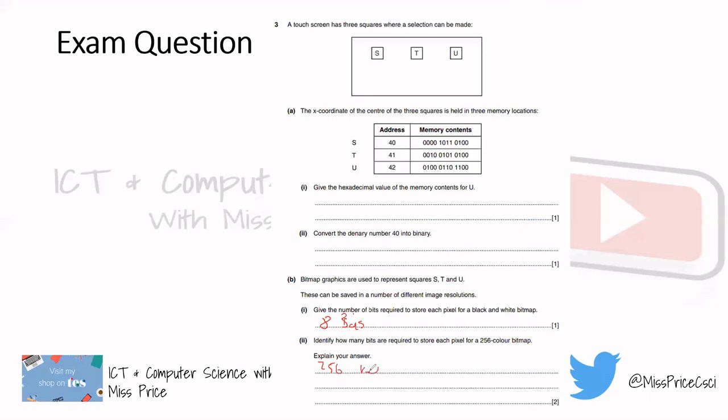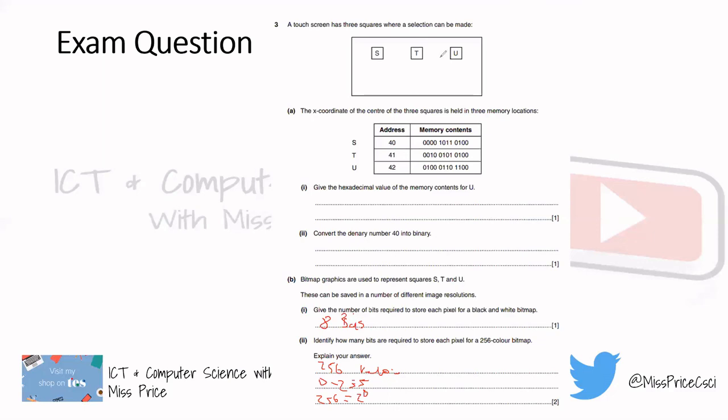So that's 0, because I have to count 0 to 255. And then 256 would be 2 to the power of 8. So that's how you would explain your answer there.